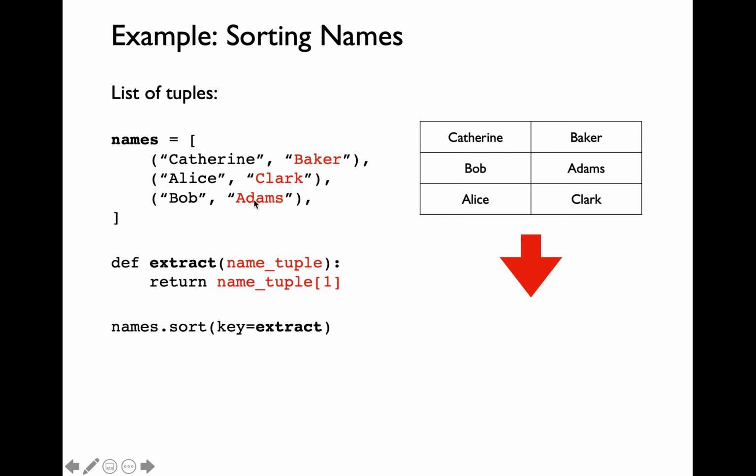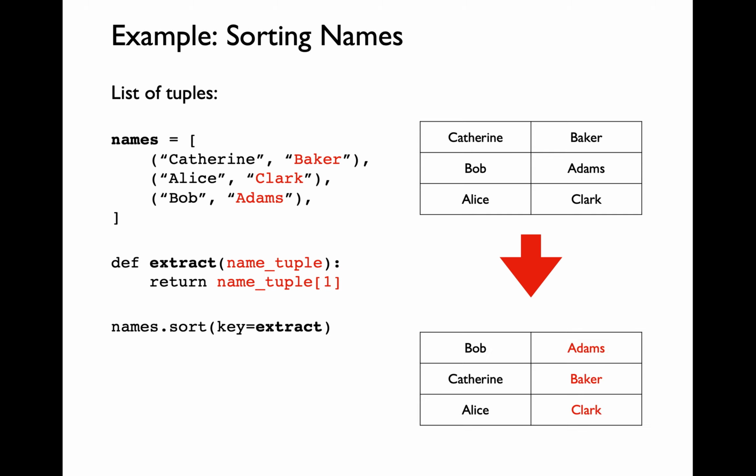For instance, going back to the first question, how do we sort this list of tuples by last name instead of by first name? We do it by defining a function called extract. The function extract is going to take a name tuple as an argument, and in this function we want to return whichever field we want to consider for our sorting purposes, which would be name tuple of 1.